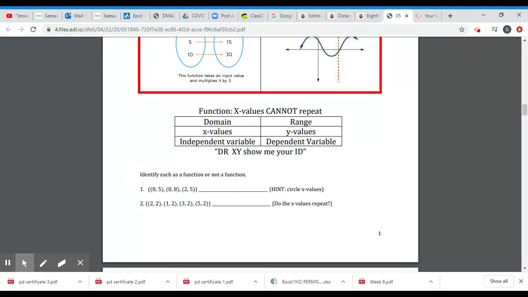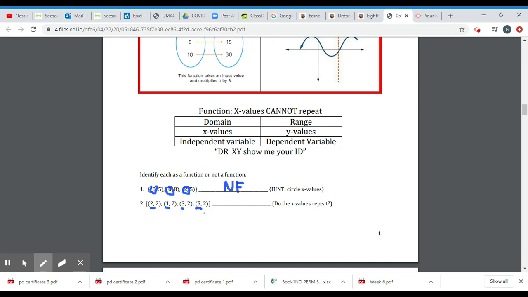So let me do one quick example here. If I looked at it from ordered pairs, again, remember, I'm going to look at the first number in each ordered pair because that is my x value. And notice I have two zeros here. Because the zeros repeat, it's not a function, and you can write that or identify that as an F. If I look at the next one, I look at 2, 1, 3, 5.